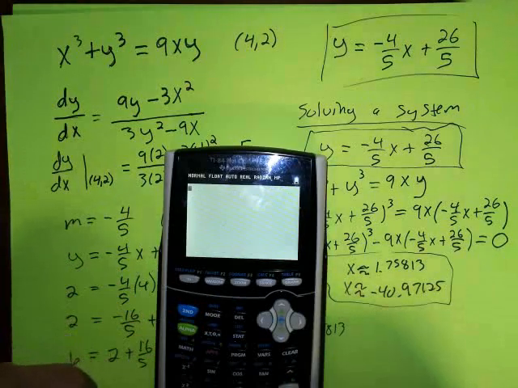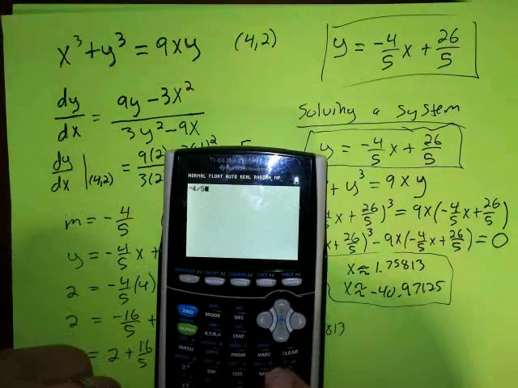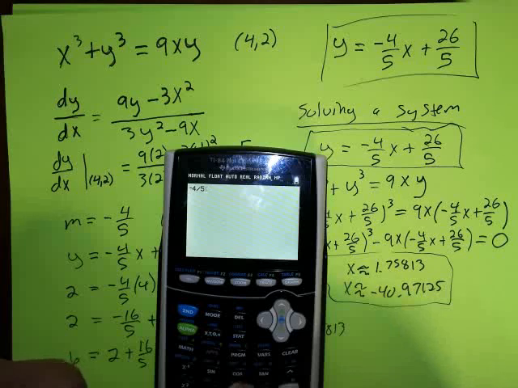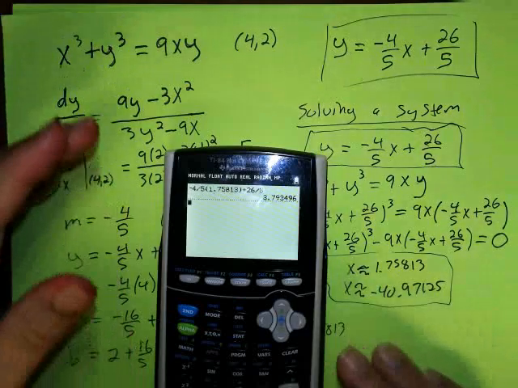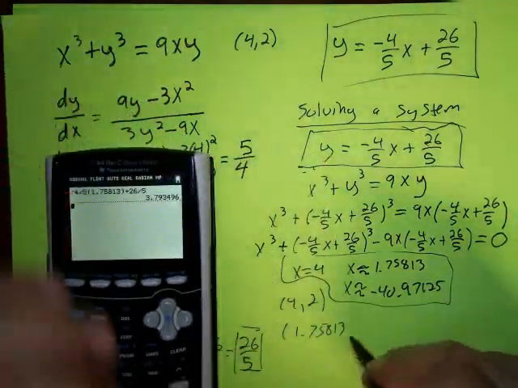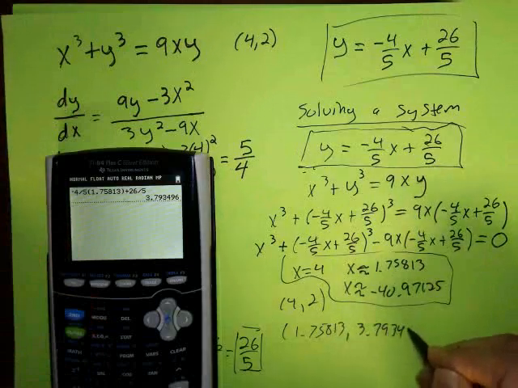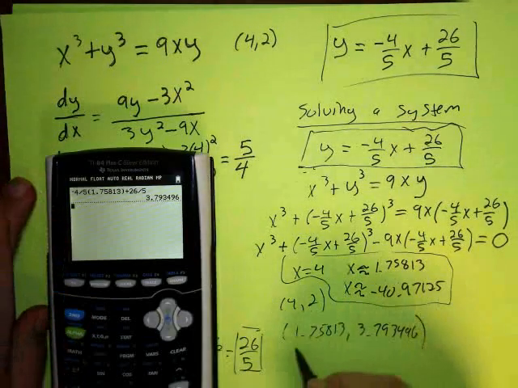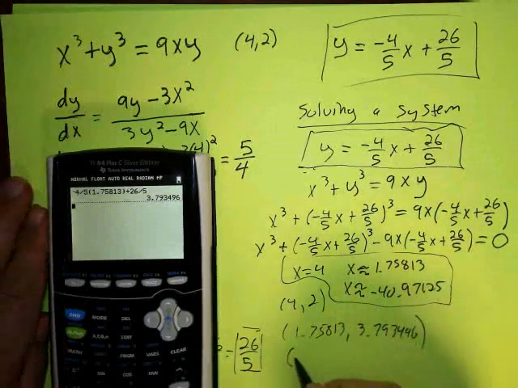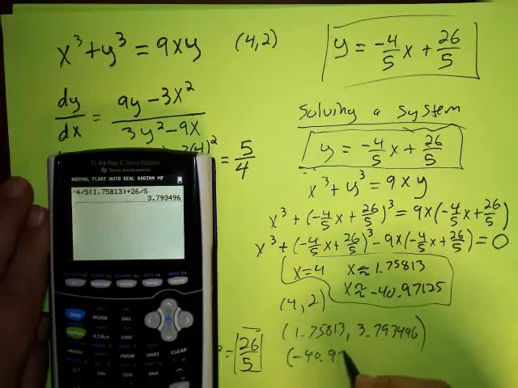So it'll be negative 4/5 times 1.75813 plus 26/5, and I get like 3.793496, something like that.